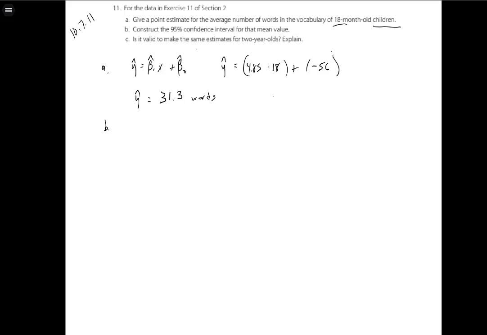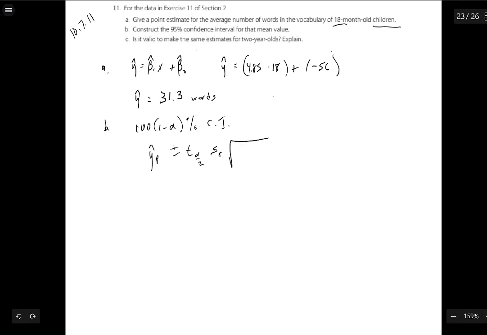As we look at that confidence interval on the mean, that's going to be this: 100 times 1 minus alpha percent confidence interval on our point estimate of our Y, plus or minus the t at alpha over 2, and our standard deviation of errors for the sample, epsilon, times the square root of 1 over n plus our point estimate value minus the mean of the point estimate squared, divided by the sum of the square of the x's.